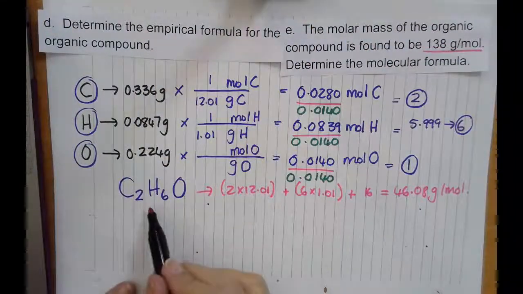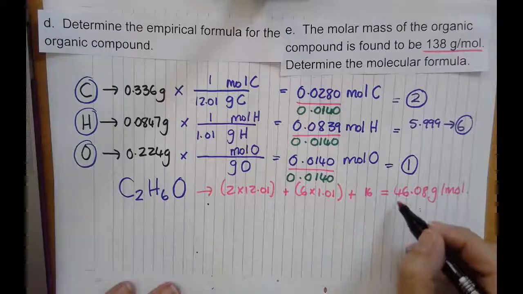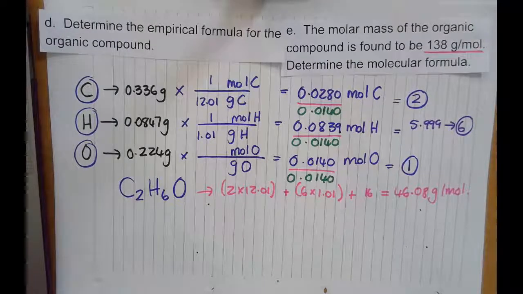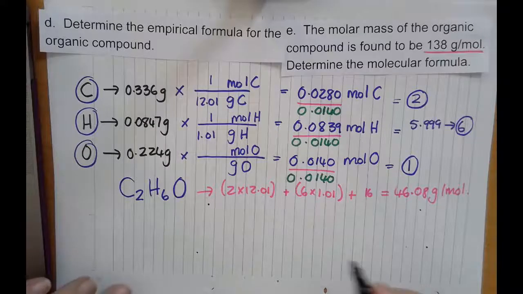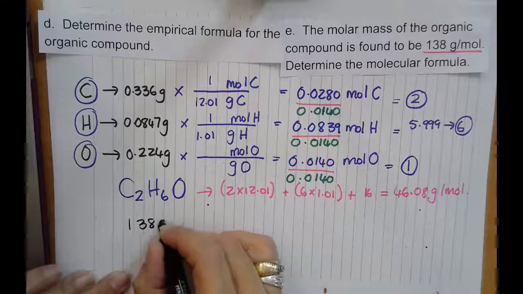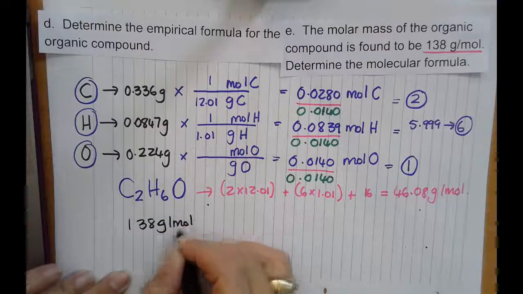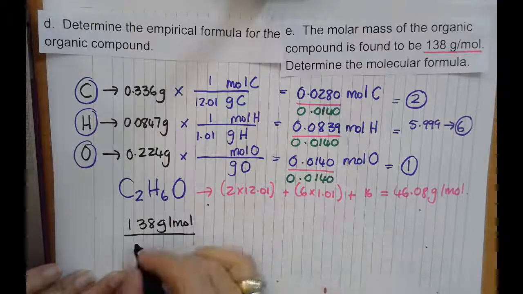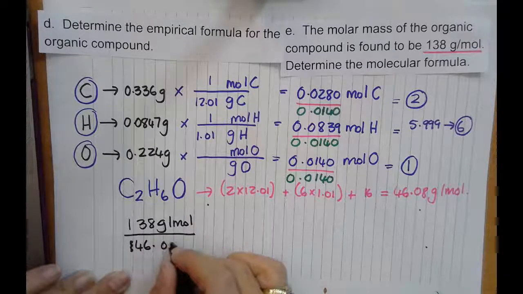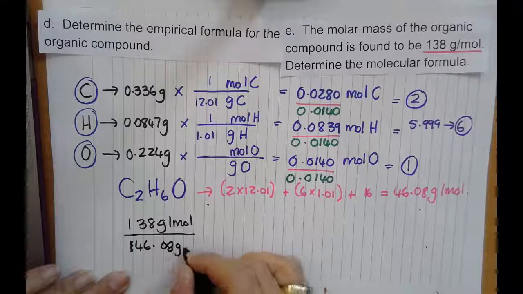And I can see that this formula mass here is going to give me 46.08 grams per mole. To find out what the original compound really looked like, I now have to take my 138 grams per mole and divide it by this molar mass of 46.08 grams per mole.